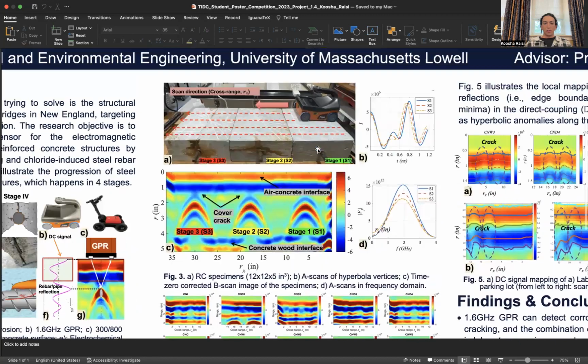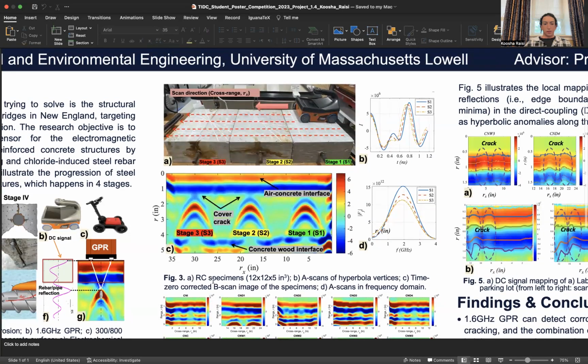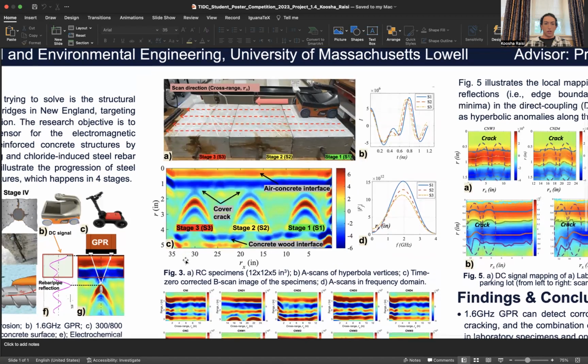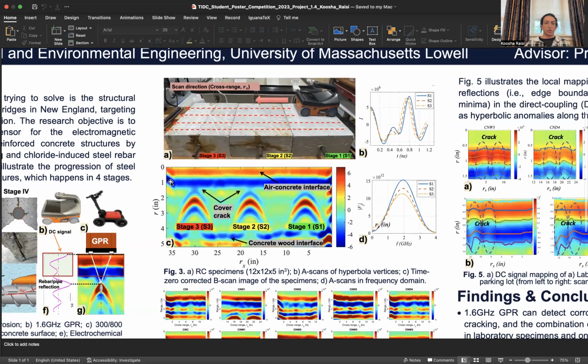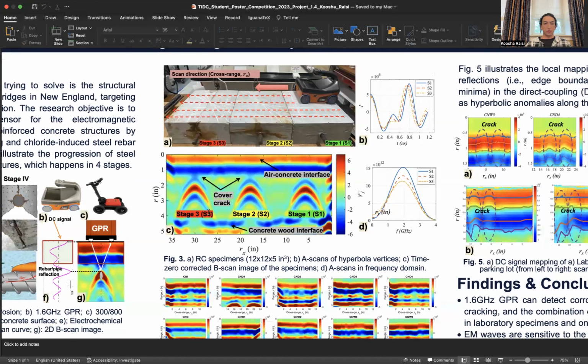And the results, as you can see here in figure 3C, this is the original B-scan image. As you can see, these parts are what we call the corner scattering effect, because some parts of the EM waves get scattered into the air and don't directly enter the medium. And you can see the 3 bars depicted as hyperbolas.